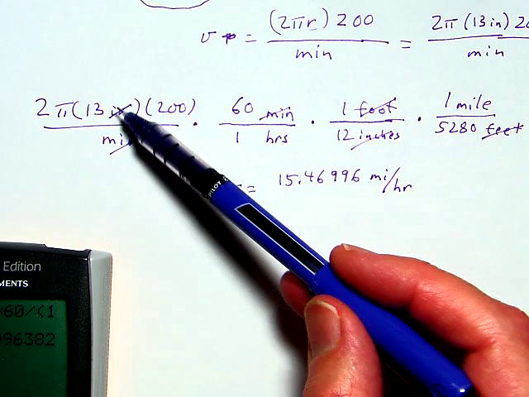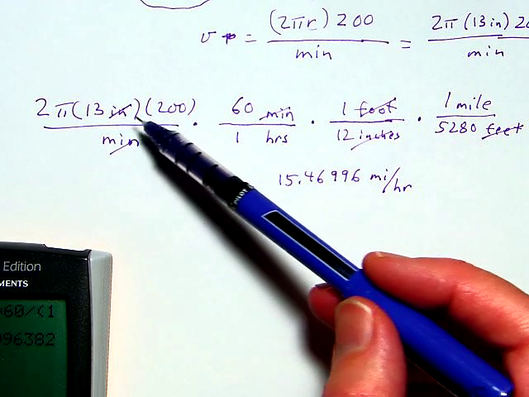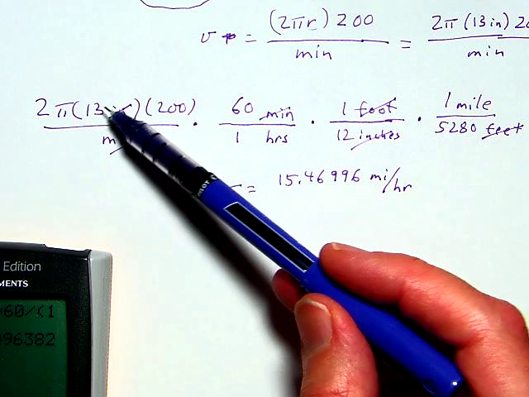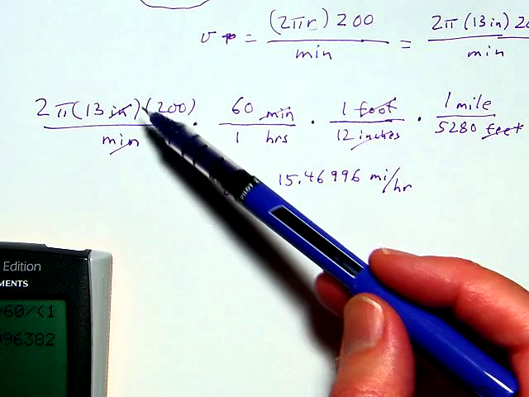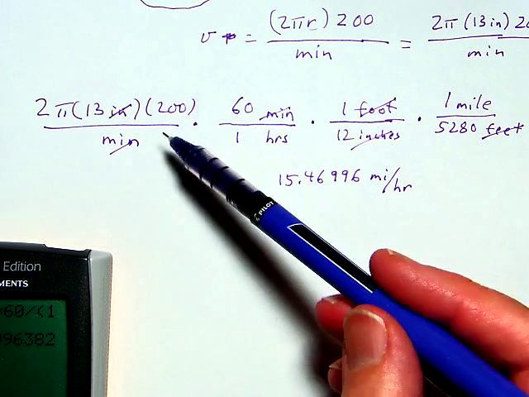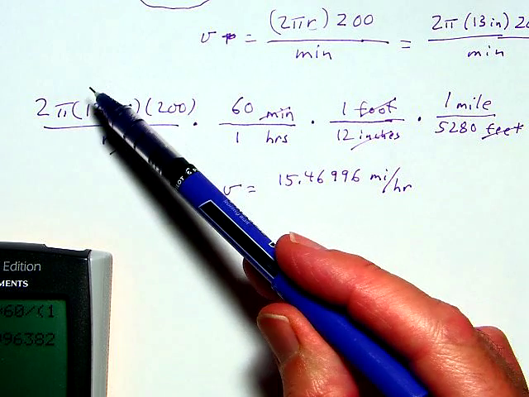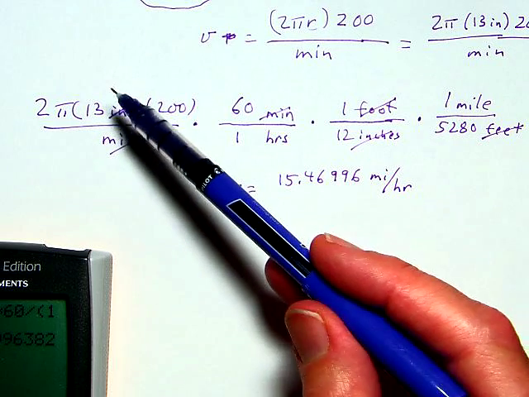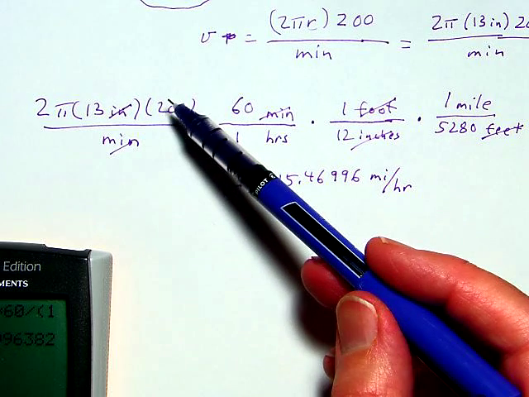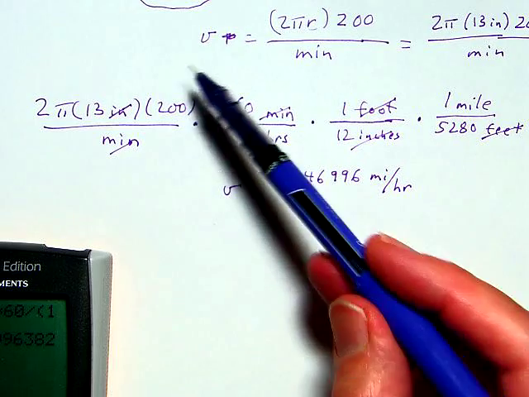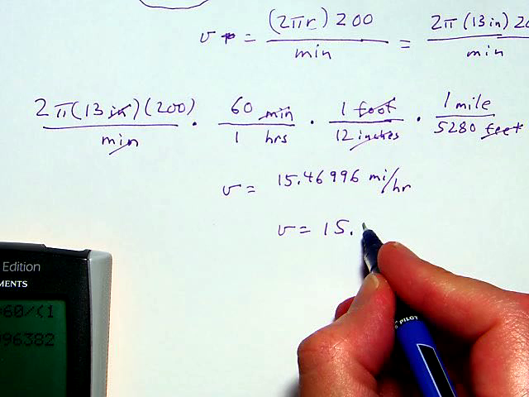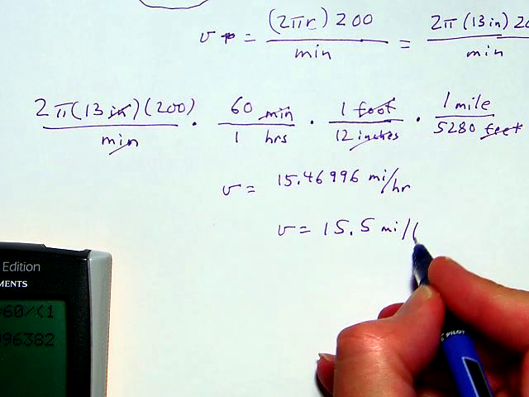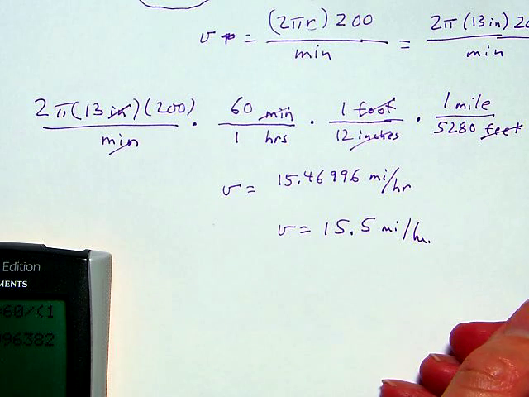It's a bit of a value judgment, but we could probably justify rounding off to either 2 or 3 significant digits. I think the 2 significant digits is a little more compelling to me, but I know the book was going with 3 significant digits, so let's round off to 3 significant digits, and that would give us 55.5 miles per hour, which is the book's answer.